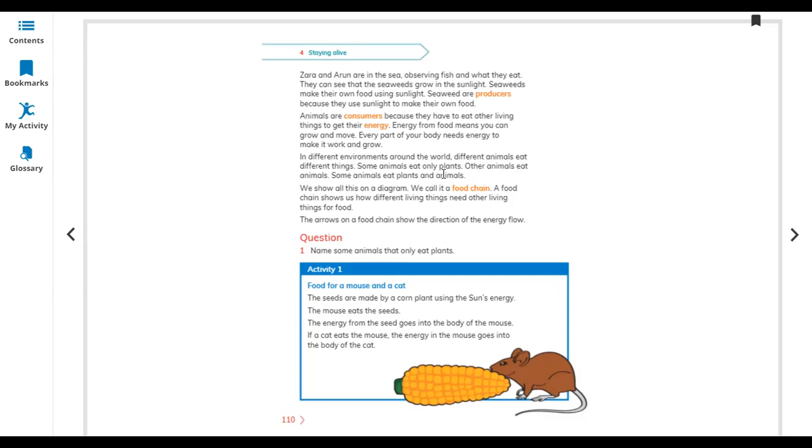We show all this on a diagram. We call it a food chain. A food chain shows us how different living things need other living things for food. The arrow on the food chain shows the direction of the energy flow.